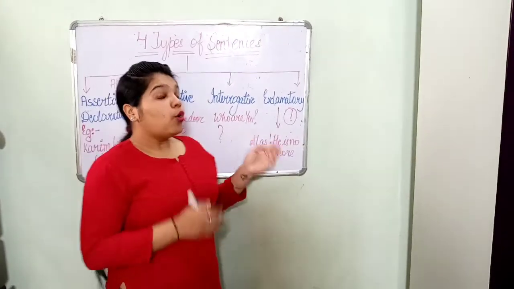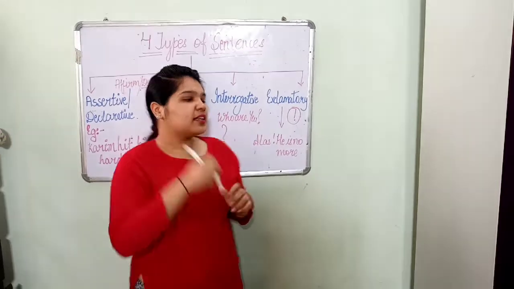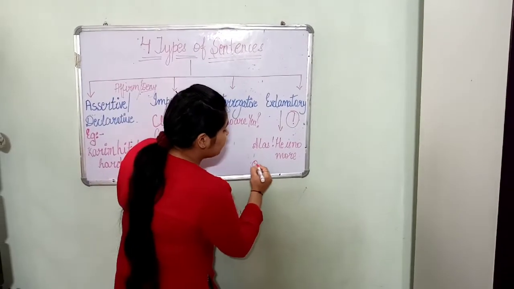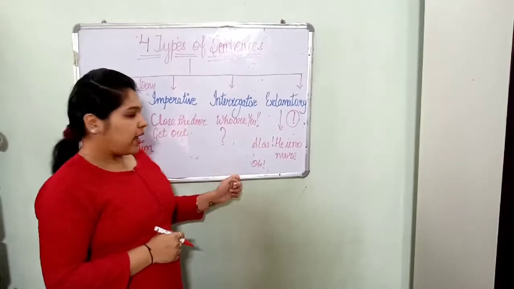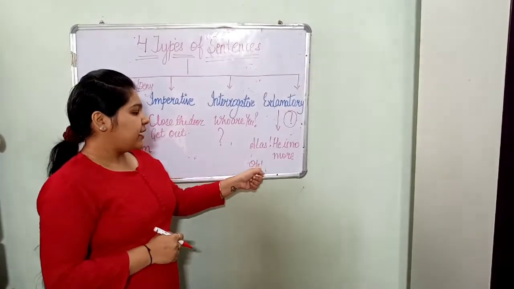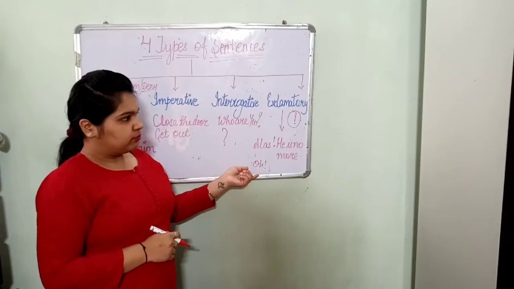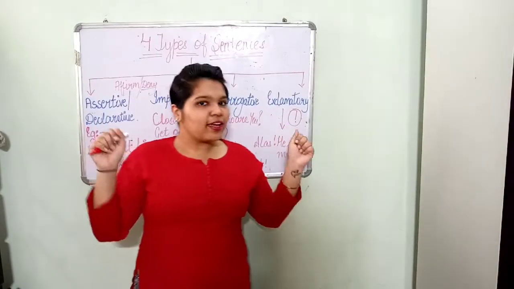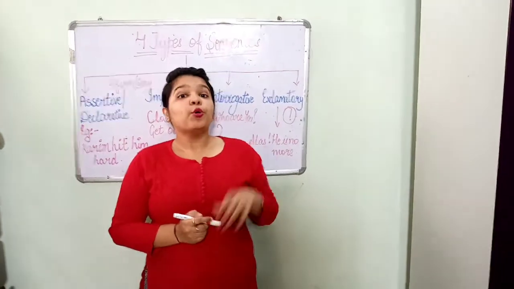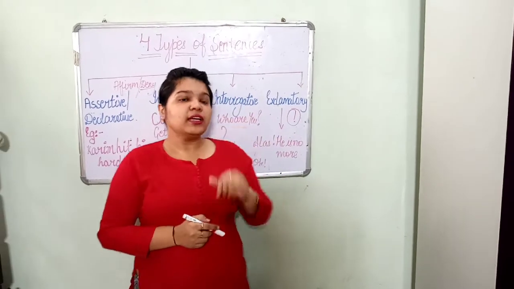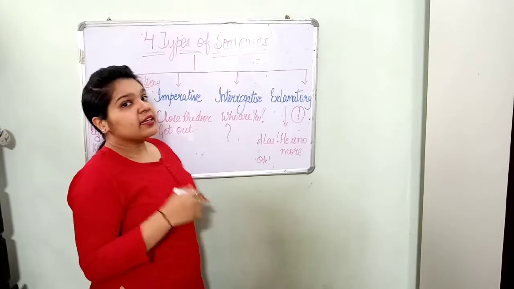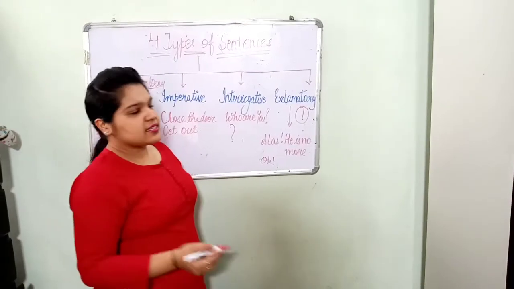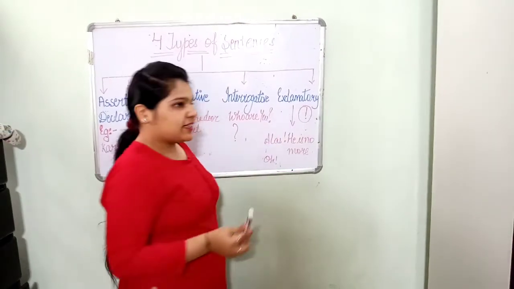Oh my God. These are exclamatory sentences. Why? Because we have used the sign of exclamation. Like hooray, we won the match. After hooray we are using which sign? Exclamation sign. So we can know that this is an exclamatory sentence.